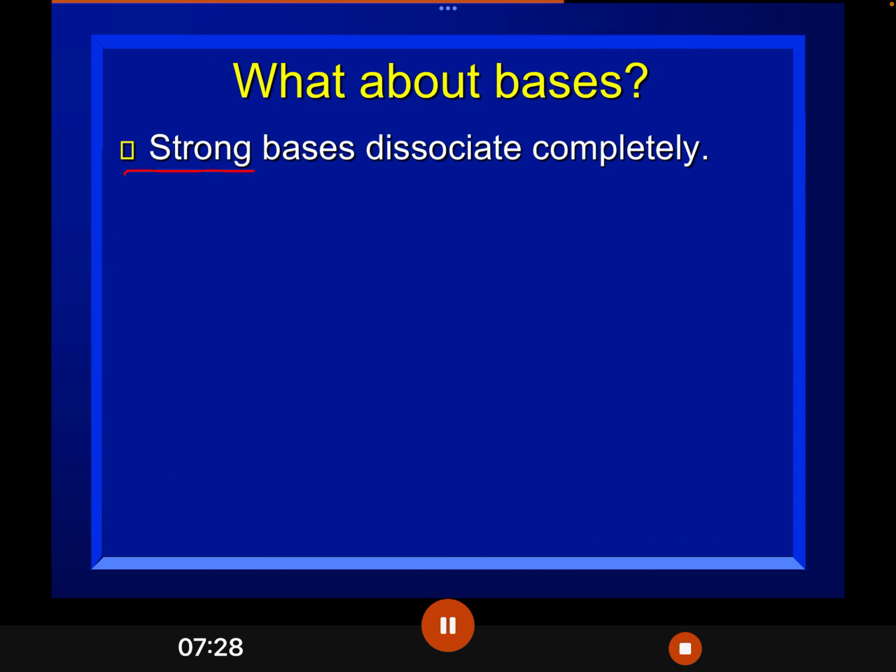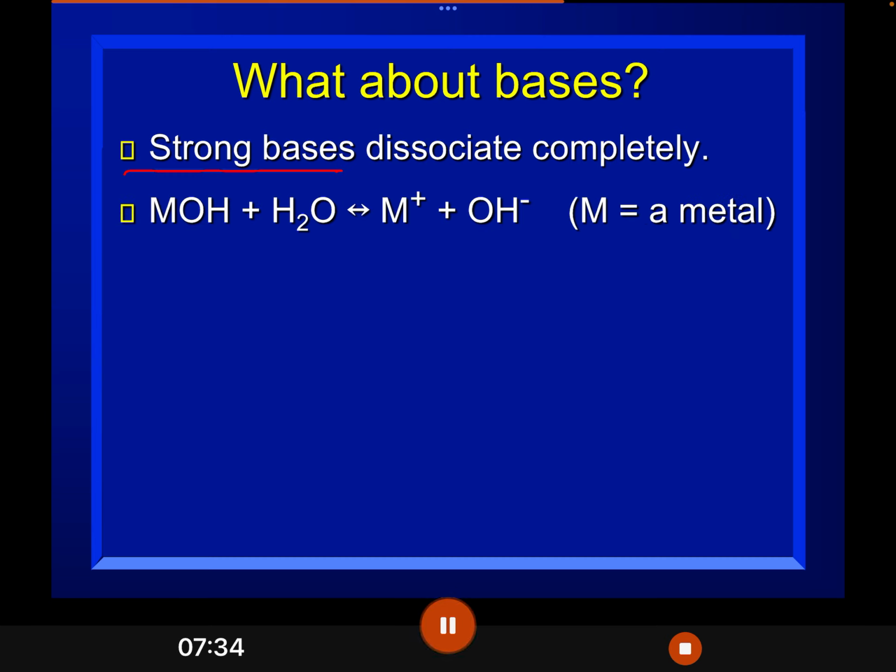Bases, if they're strong, also dissociate completely, and they dissociate a little differently. M stands for metal, so a metal hydroxide, this is what we're most used to, dissociates as you see following. And I like to write these just as MgOH, and it just breaks down into this, and leave my water off.